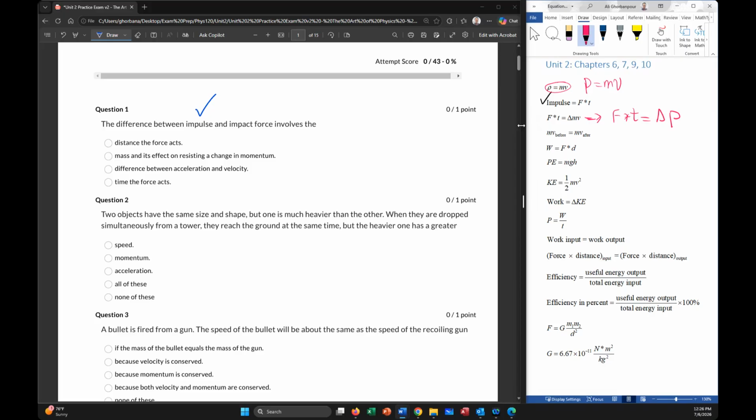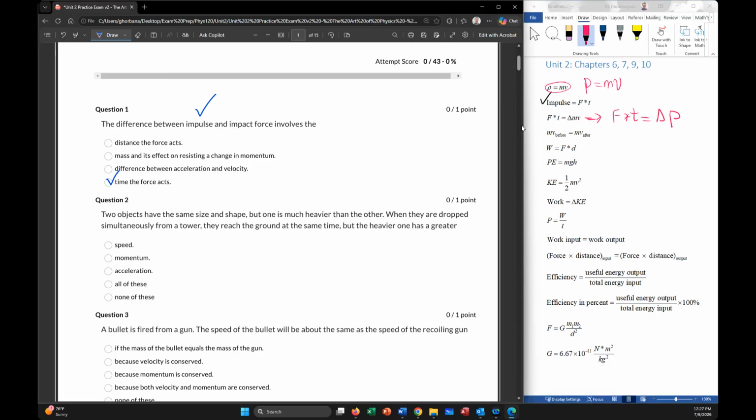But how much force? If I just keep pushing, it is going to move forever and accelerate. But if I exert it for a short time, you're changing the momentum. It was at rest, starts to move. The force is exerted over a specific time. The right answer is the last one.